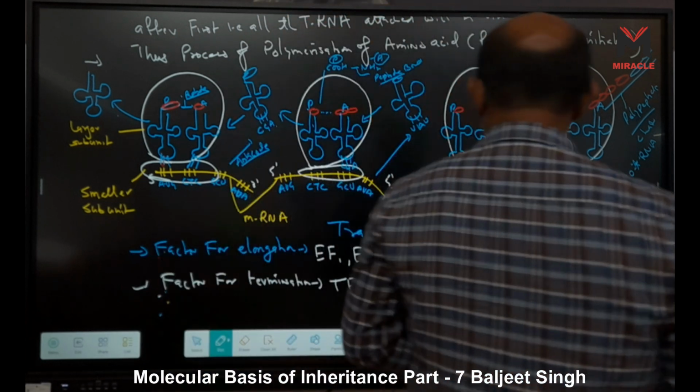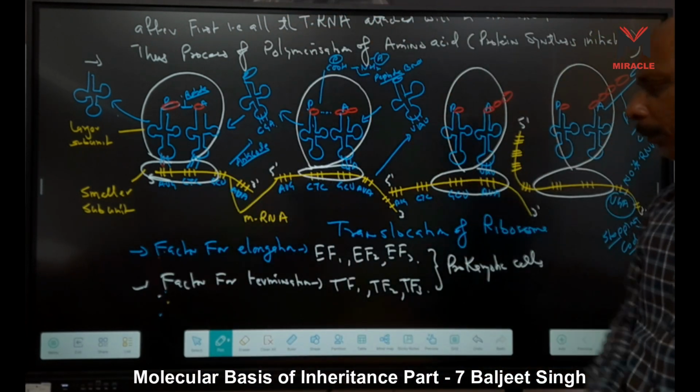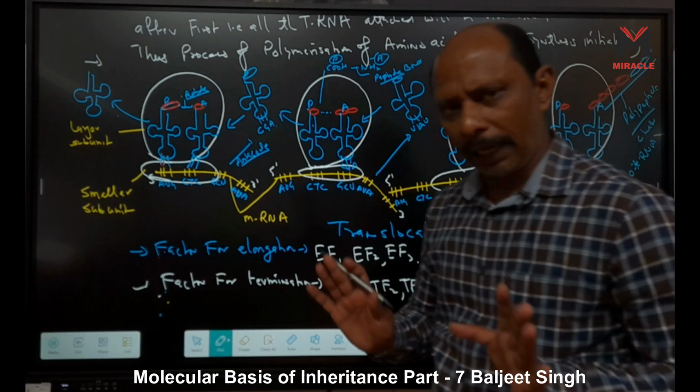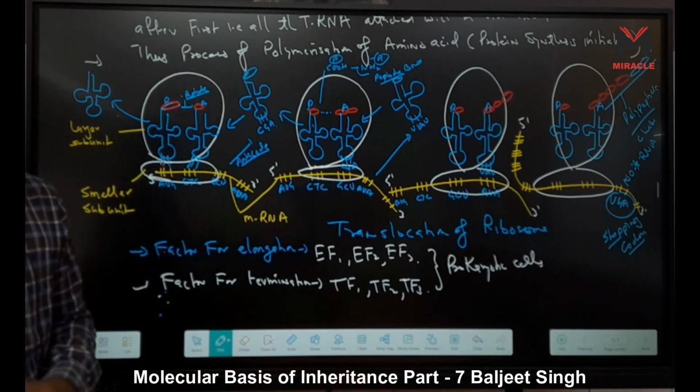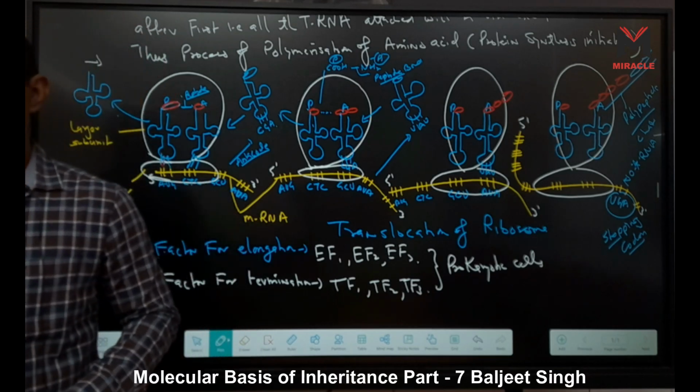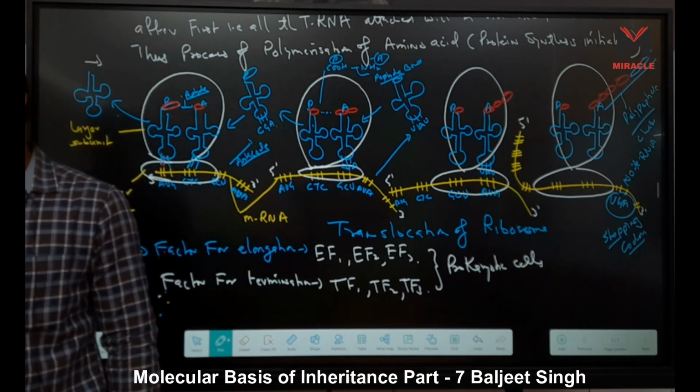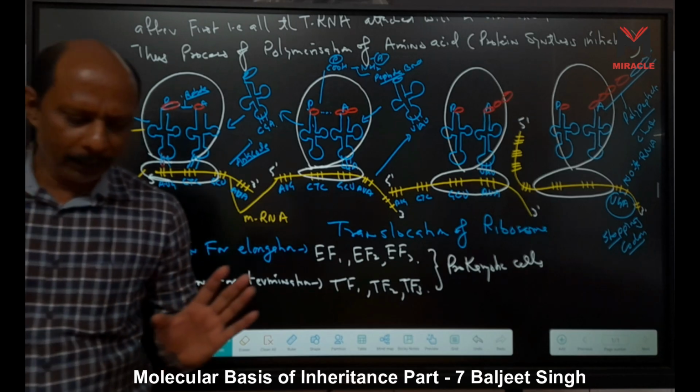Okay, because here the peptide bond is formed. One thing I tell you, ribozyme helps. Another enzyme is also there. It is called peptidyl transferase enzyme, because the peptide bond is formed.